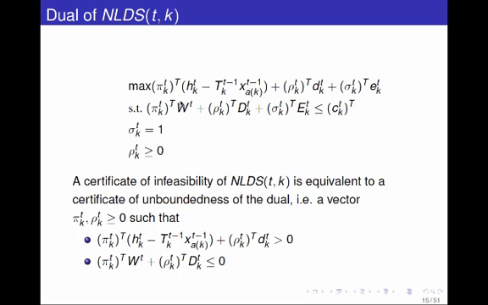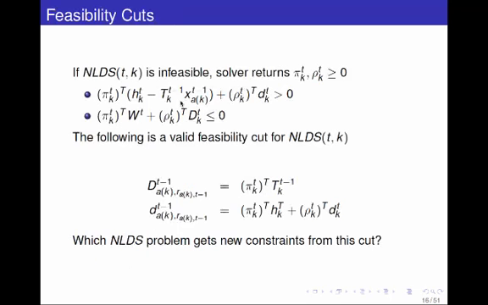Now, when I implement the algorithm, this could very well happen. I might send some x to the current NLDS that results in an unbounded dual. So I could very well get these vectors, and the way I use them is to build feasibility cuts, basically.